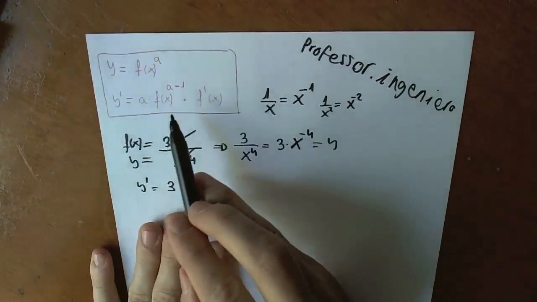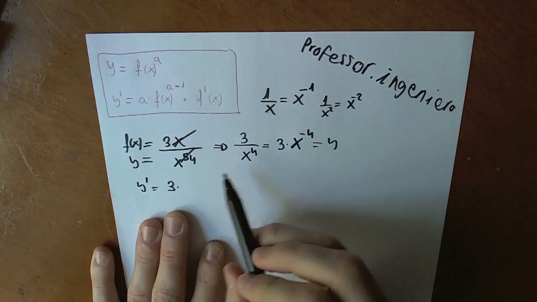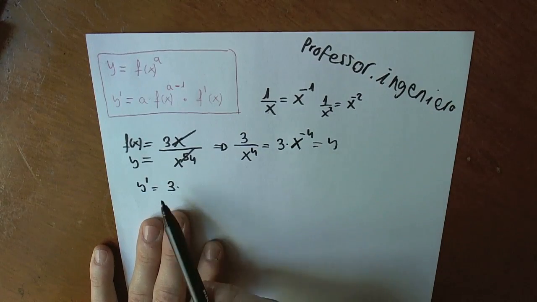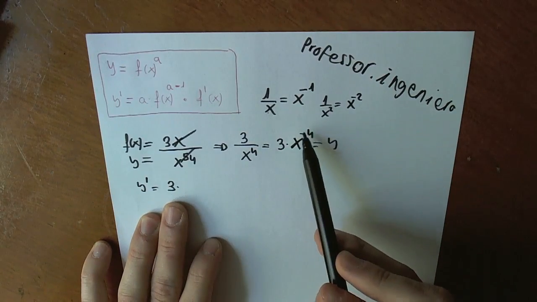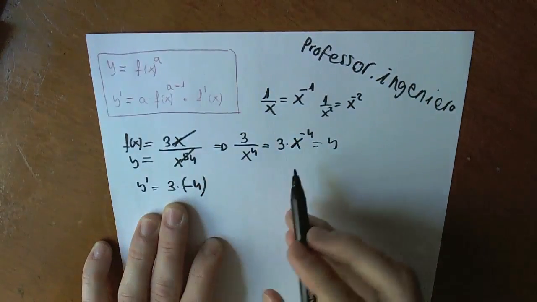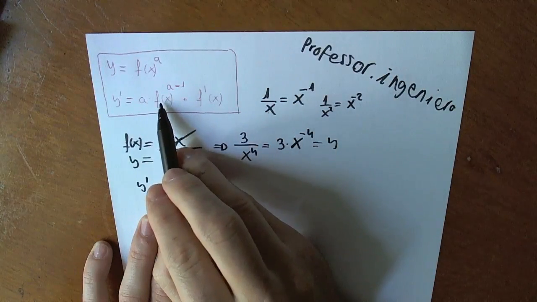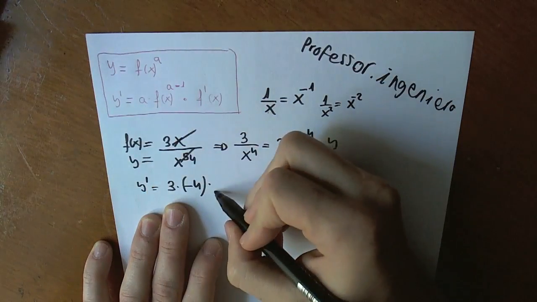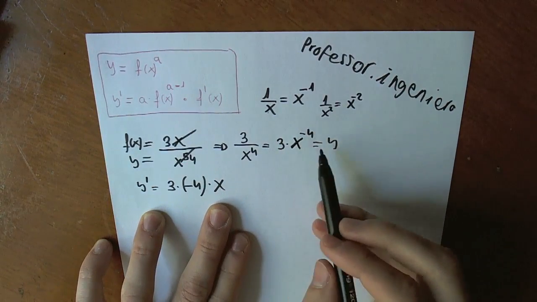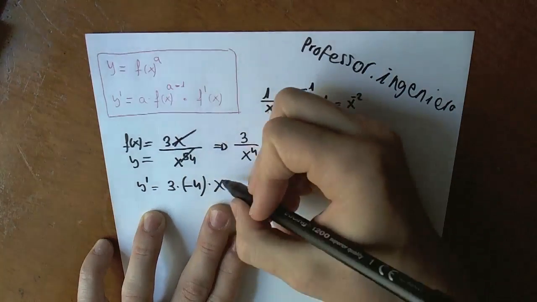So the derivate is a, so multiplying to the 3, we leave it here because it's a constant, multiply by the 3, the minus 4, we need to put it with the sign, it's very important, minus 4, okay, because the a goes down and multiplies. Multiply by f(x), in this case is x, and then the a, the power, it used to be minus 4, but now we need to decrease 1, so minus 4 minus 1 is minus 5.